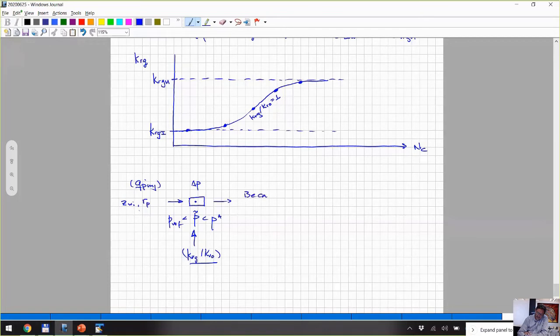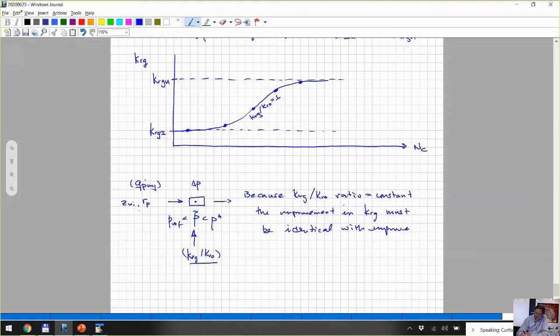And because the KRG-KRO ratio remains constant, the improvement in KRG that you're seeing, going from here to here to here to here, must be identical with the improvement in KRO.